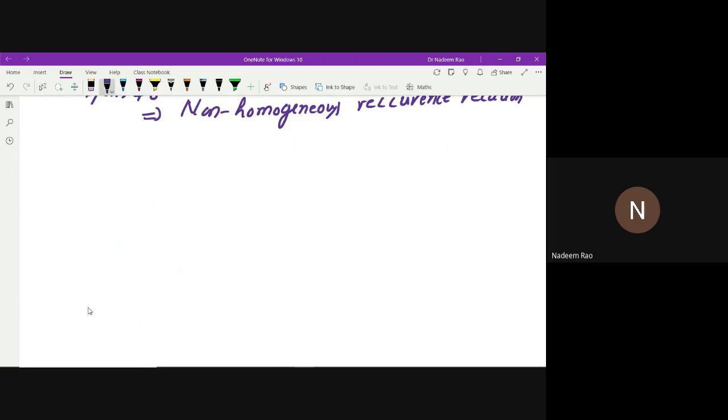Now, for example, we consider some example like a_n equals 5 times a_{n-1}. It is a linear homogeneous recurrence relation.